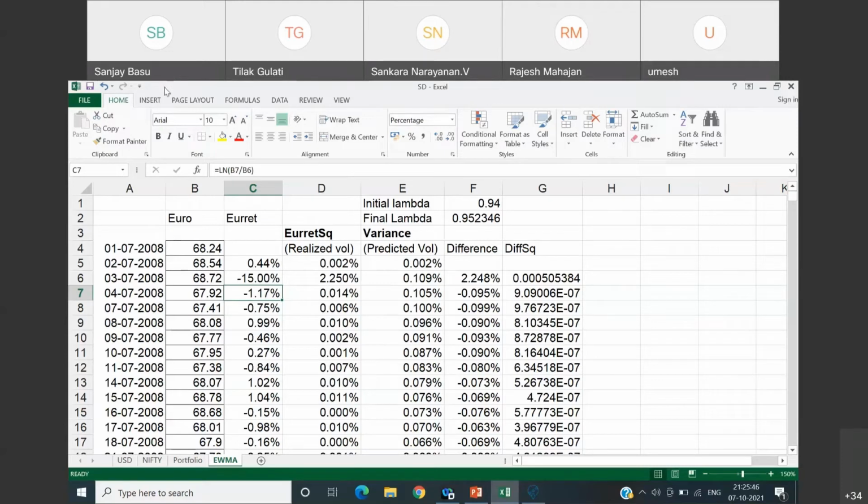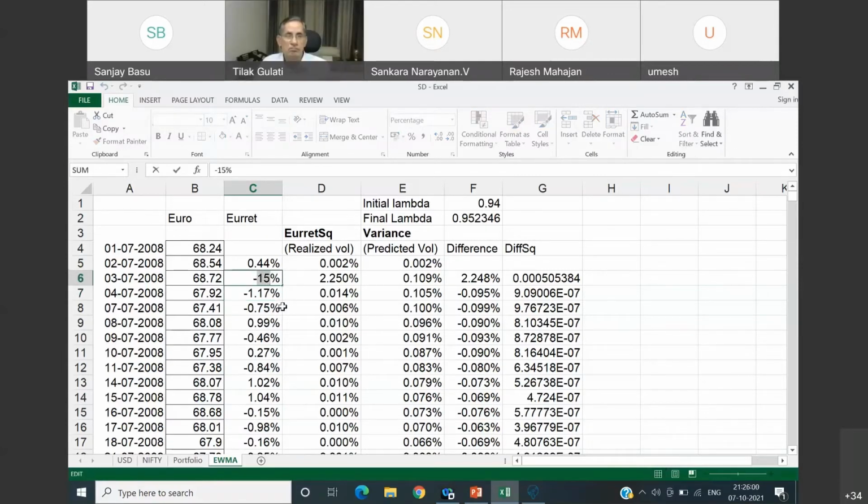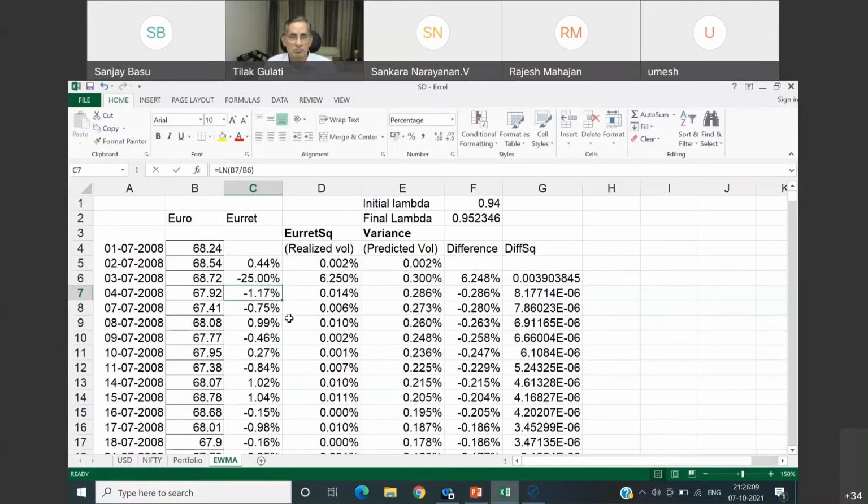So, is this clear? Is it visible that the bigger the recent shock, if this is, say, 25%, the bigger the recent shock, the higher the volatility estimate. Is that clear, sir?